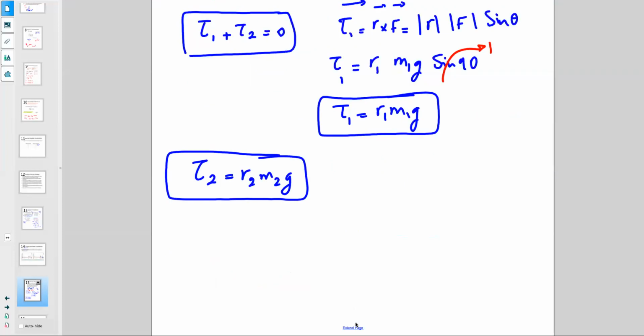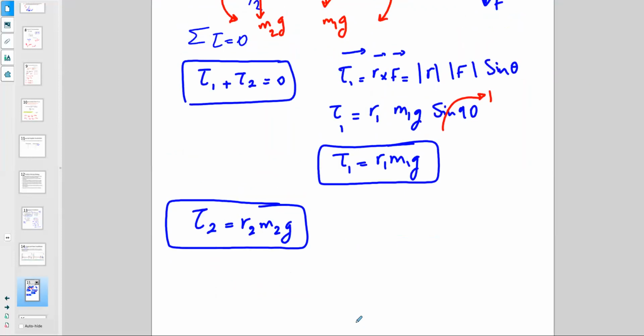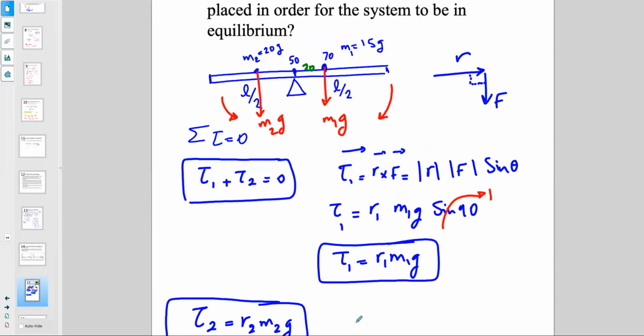Now if you add them up, you have to get 0. The most important thing here is that one direction should be positive and the other direction should be negative.